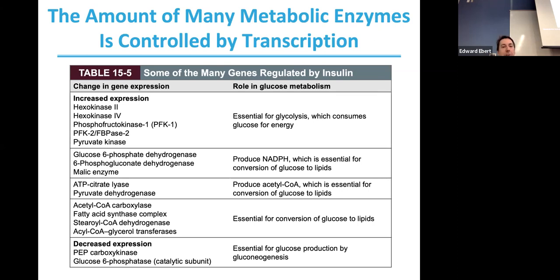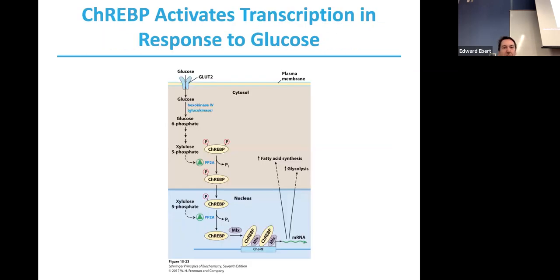Conversely, you'll see decreased expression of PEPCK, because if you have so much glucose in the bloodstream, you can constantly run glycolysis and you don't need gluconeogenesis to make more glucose. So insulin over time results in decreased expression of PEPCK, and similarly glucose 6-phosphatase. That's just an adaptation. Change is hard because you have to change your gene expression pattern.